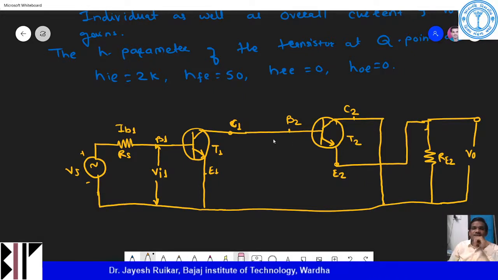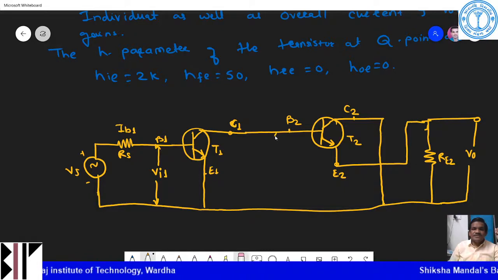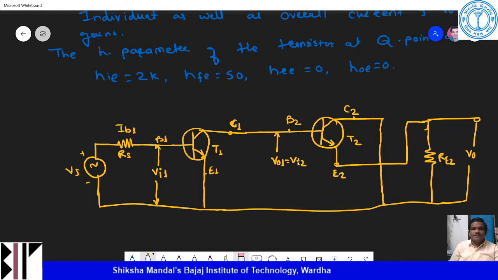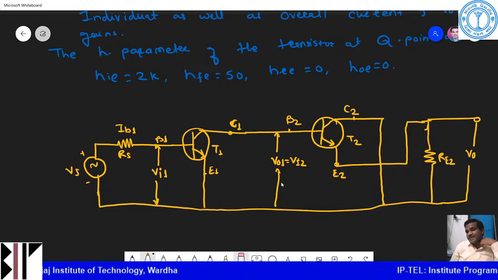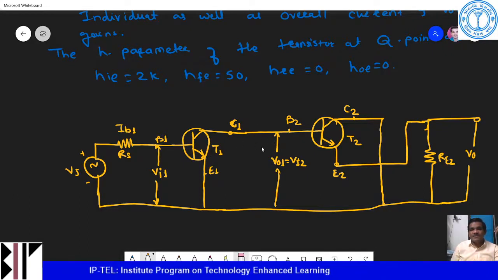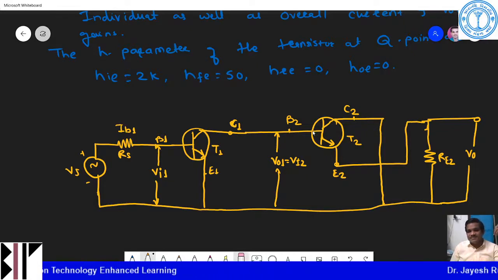The voltage across this terminal is my VO1, or I will write it as VI2, that is the input voltage at the second stage. And what is that second stage? It is the output voltage of this. So this is the cascading: whatever output voltage is there acts as the input to the second stage.